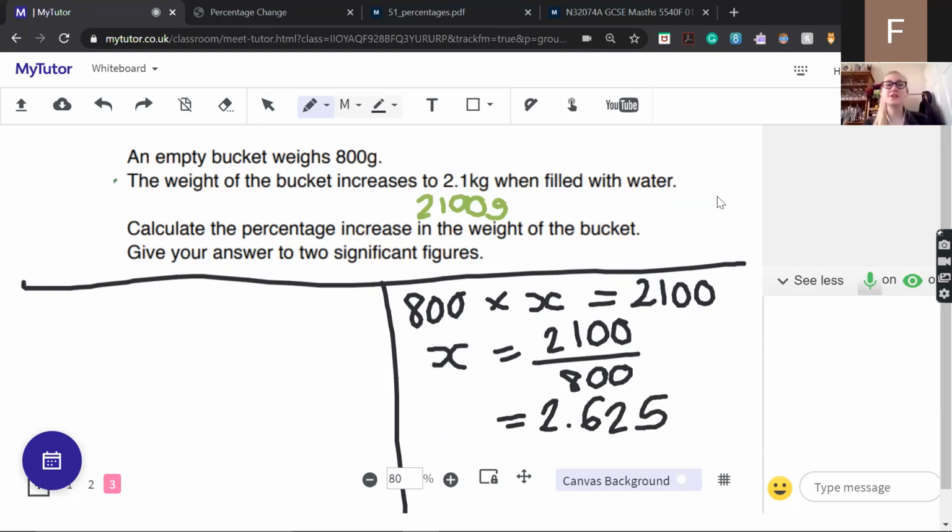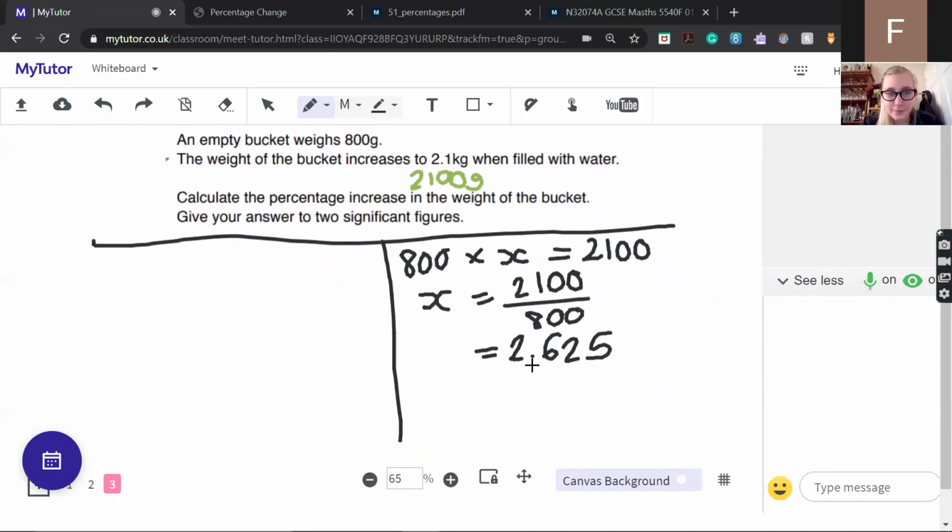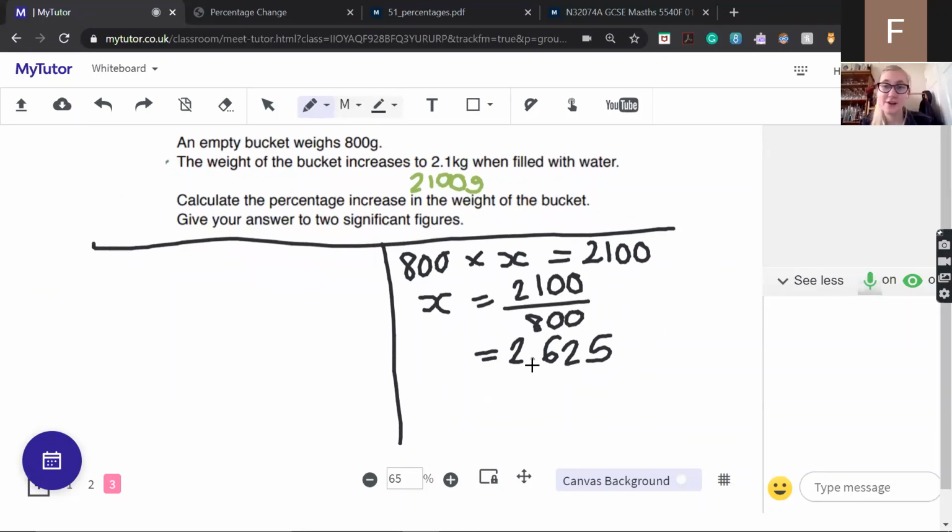Oh, look at this. I chose a question and it happens to be one that's greater than 100. Perfect. So you've got to be really careful with this, because if this was 1.625, we'd know it would be a 62.5% increase. But actually, because it's 2.625, we've added whatever the multiplier is onto 1.